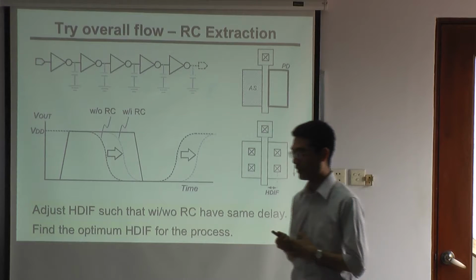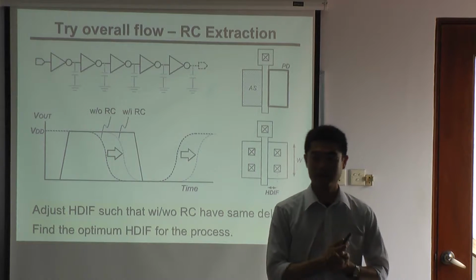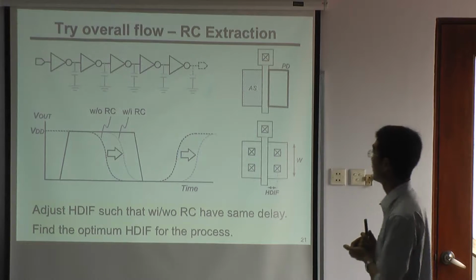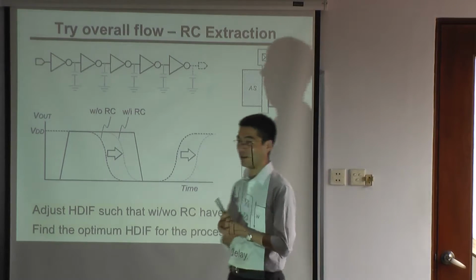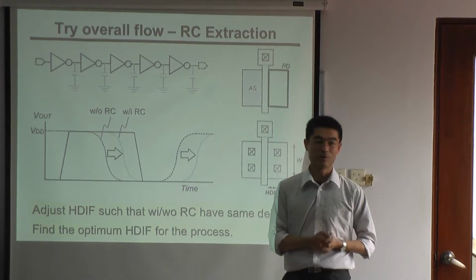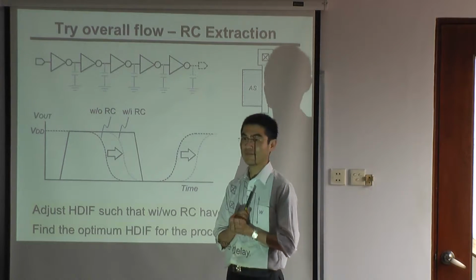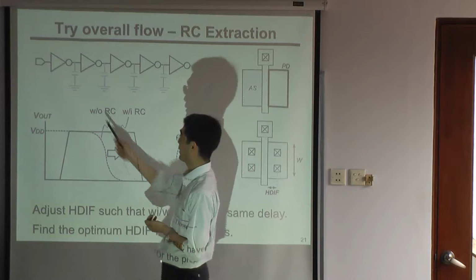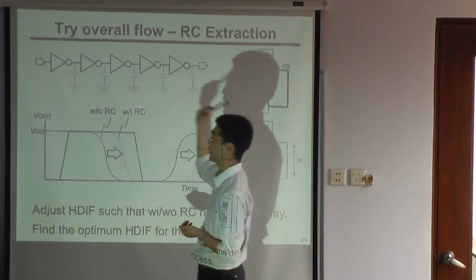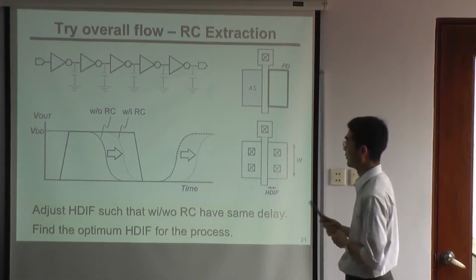And after you run LVS and DRC, you will have RC extraction. In RC extraction, again, all the wires come with resistance and capacitance, and sometimes inductance. In this case, the capacitance is attached to all the wires.